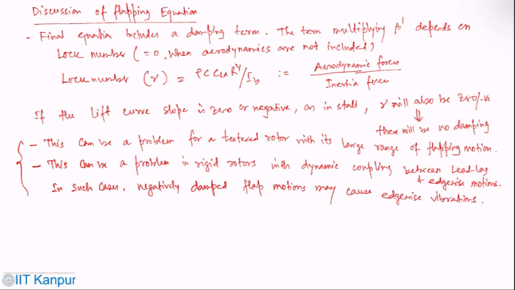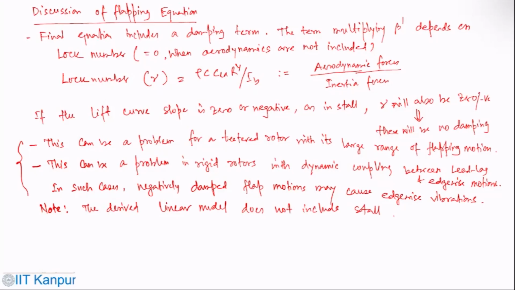So please note the derived linear model does not include stall, because we have assumed the lift curve slope is linear. So it requires modification to capture the general trends, such as the effect of negative Lock number.